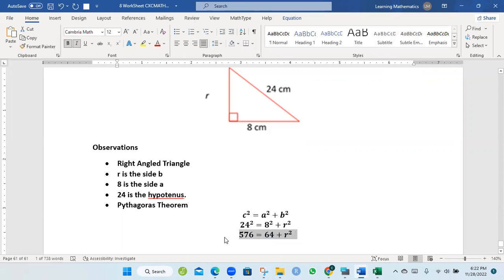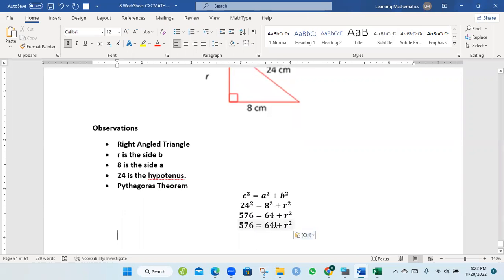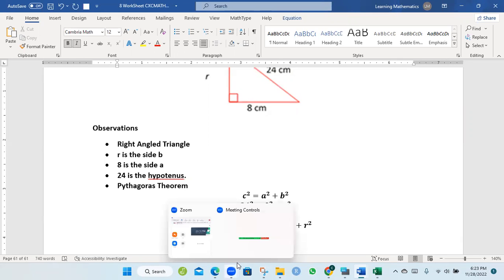Now we're going to try to solve for r. r is already positive on the right side, so we leave it there. We're going to subtract 64 on both sides, cancel out 64. Subtract 64 on the right, subtract 64 on the left. So we are left with r squared on the right. r squared is equal to 576 subtract 64.